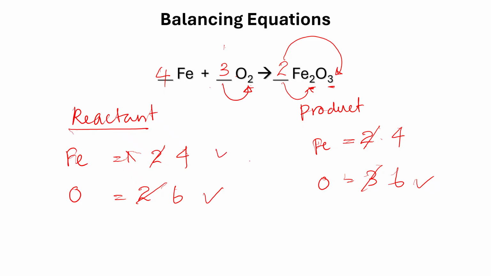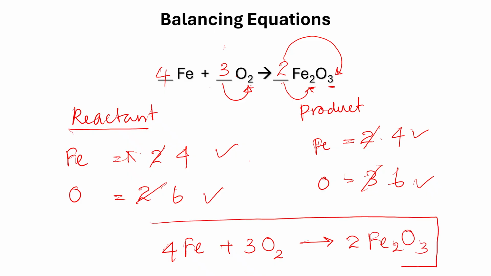So iron is also balanced. So if you write the balanced chemical equation, you have 4 iron atoms that will react with 3 oxygens to make 2 iron 3 oxides. This is the balanced chemical equation.